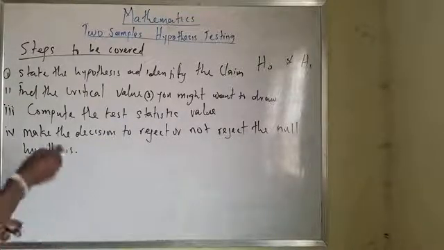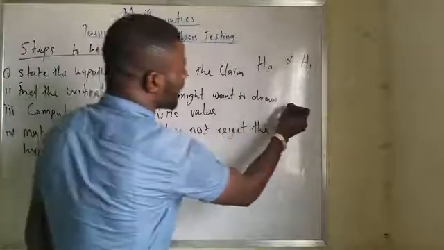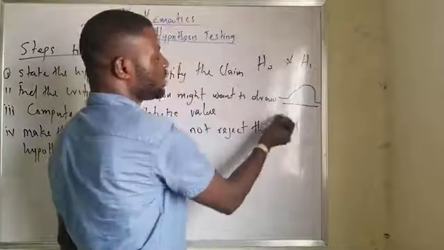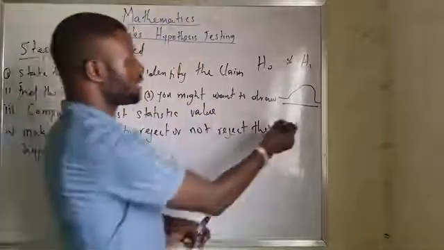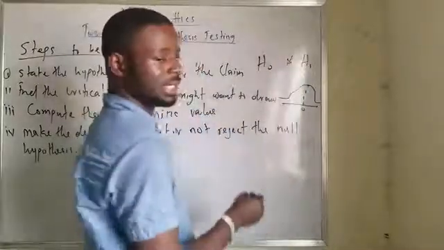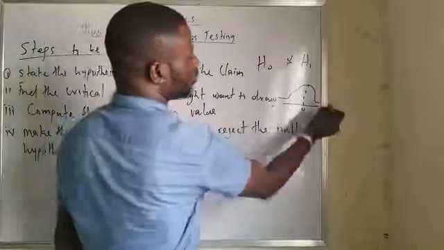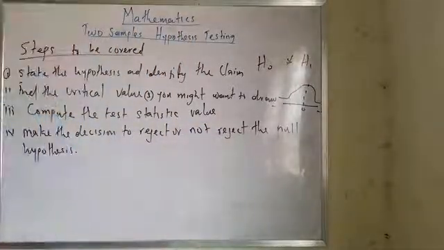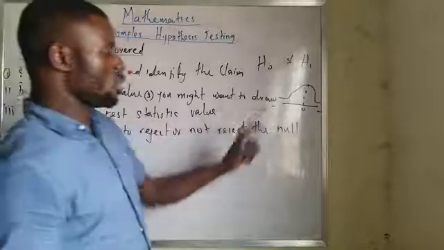Drawing it just like this, and something like this, plus or minus, this is going to be 0, and we are having a minus value and plus value. Now you can put the significance level.